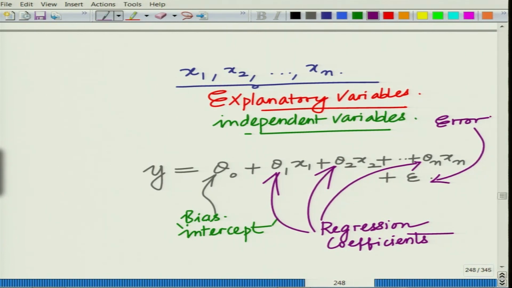You can term this as your error term, or your disturbance term.